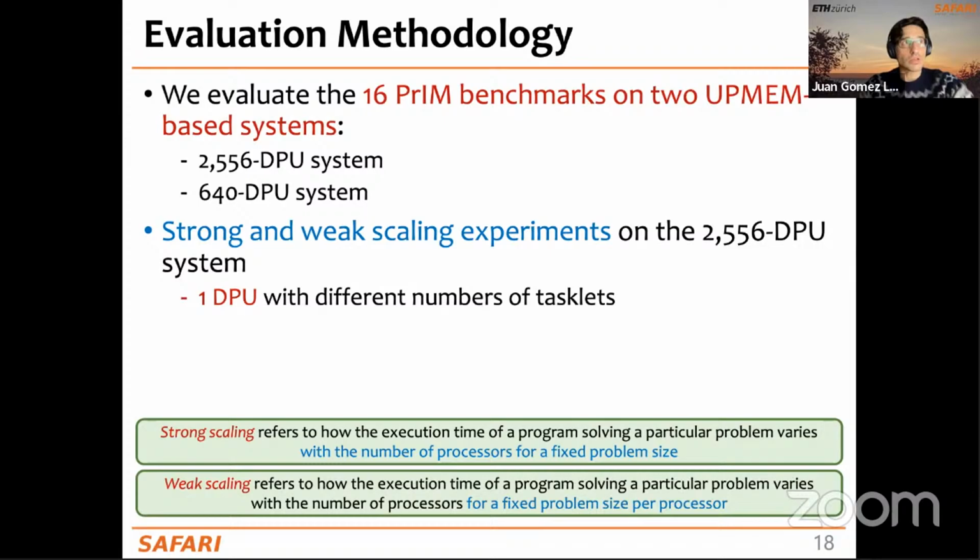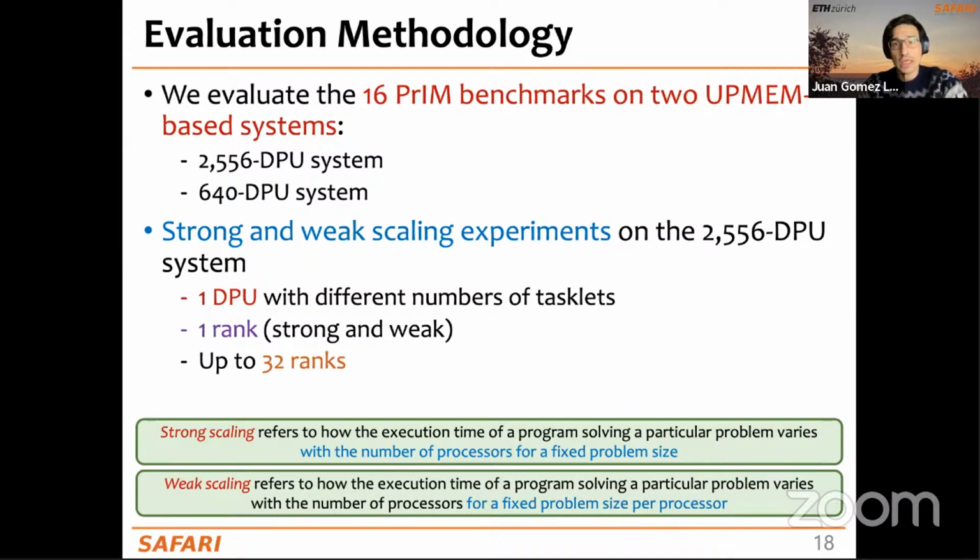We run these experiments on one DPU for different numbers of tasklets. These are strong scaling experiments on a single DPU. For one rank, that is 64 DPUs, we run both strong and weak scaling experiments. And then again, for strong scaling experiments, we used up to 32 ranks, which are 2048 DPUs.